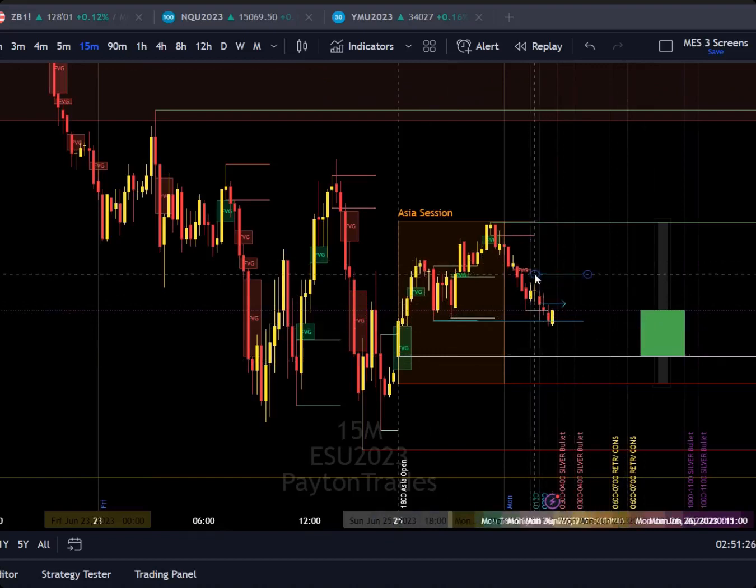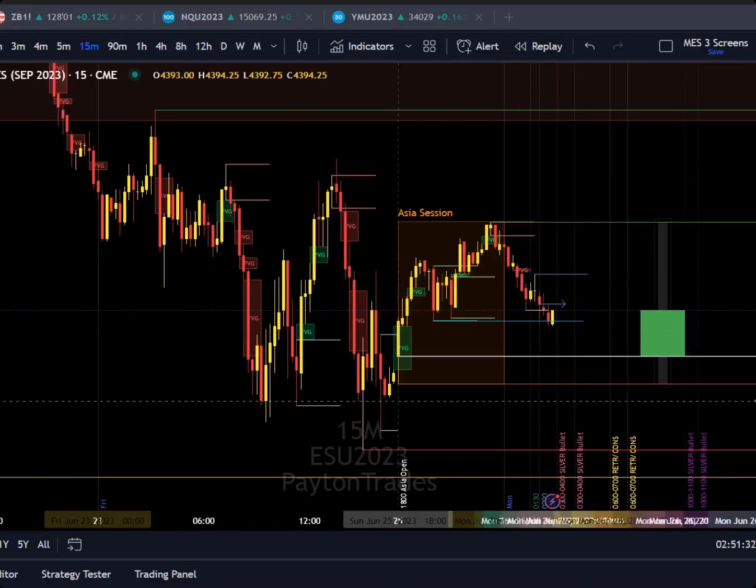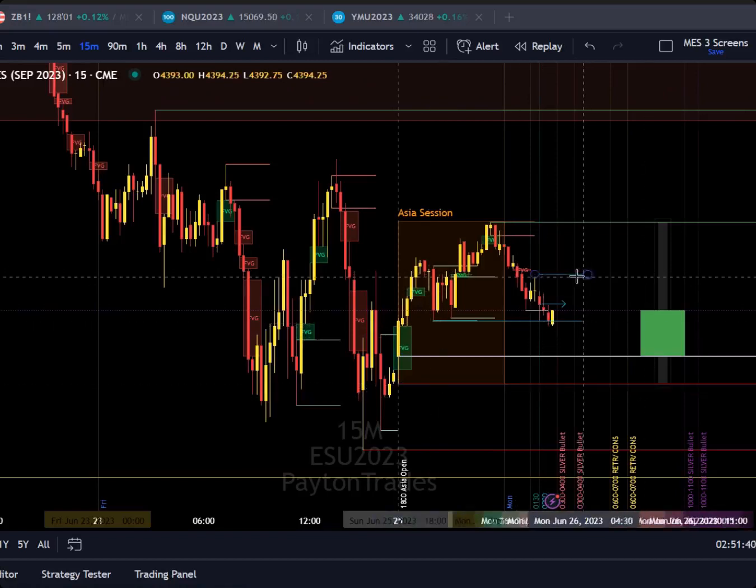So my eyes are watching this high right here by the blue line to see if it goes up there, if it'll react. Again, you have to have your targets and see your ifs, then. You always say if, then.